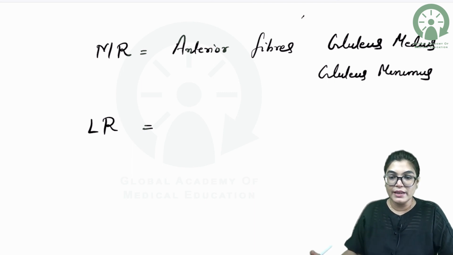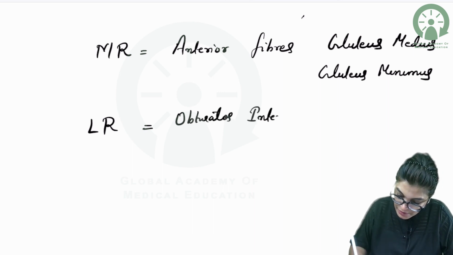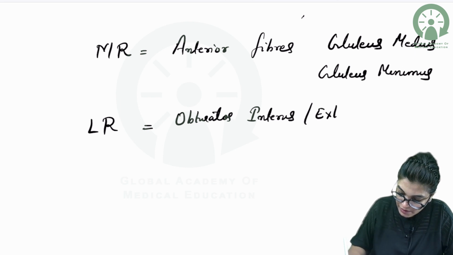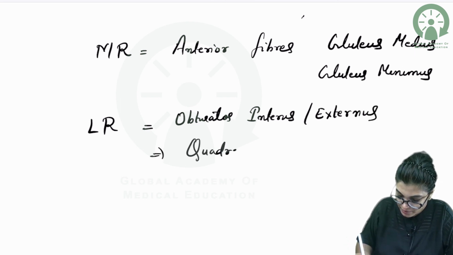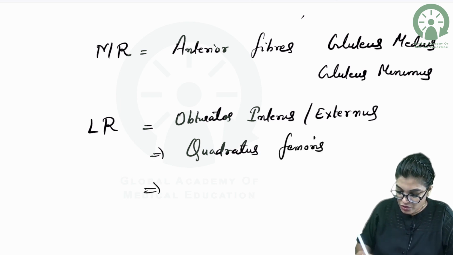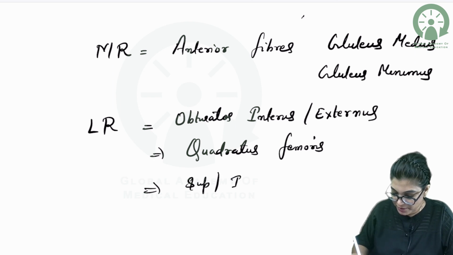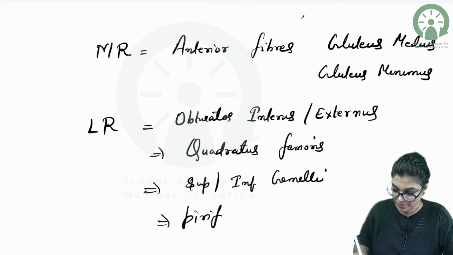And what are they? The lateral rotators are the obturator internus and obturator externus muscle, quadratus femoris, the superior and inferior gemelli, and also piriformis muscle.